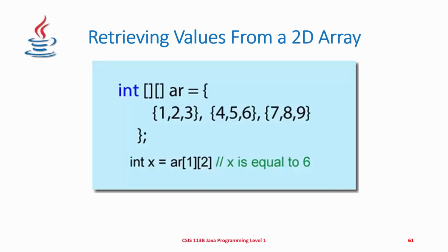Since each of these rows contains 3 elements, that means that index value 2 is the last element in each of the rows. So when we go to row 2, which is indicated by index 1, and then the last element in row 2, which is indicated by index 2, it's the value 6 that's being assigned to our variable x.